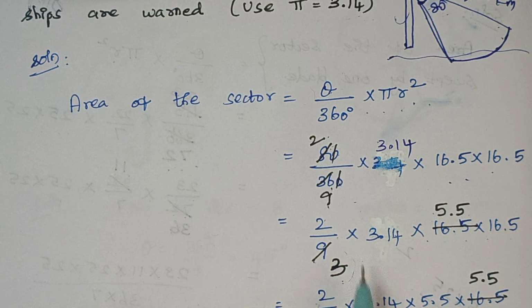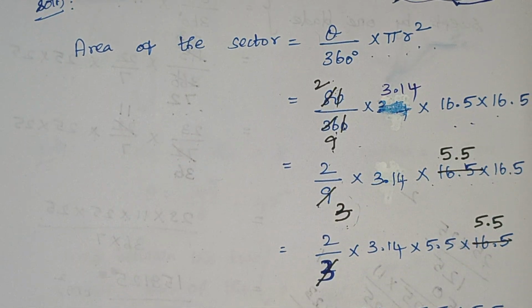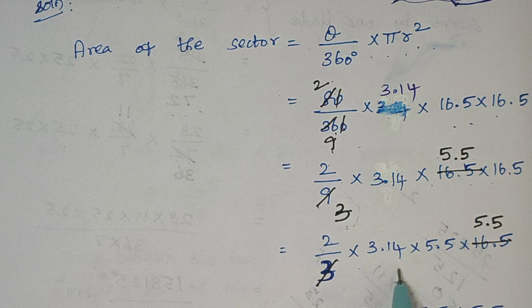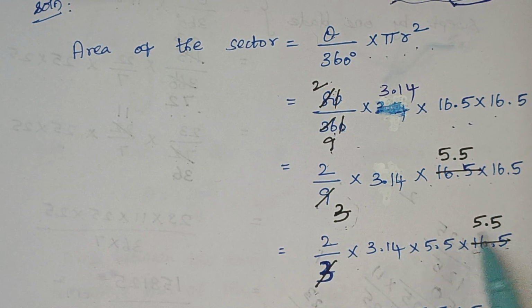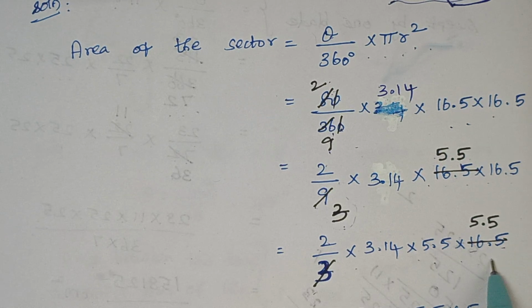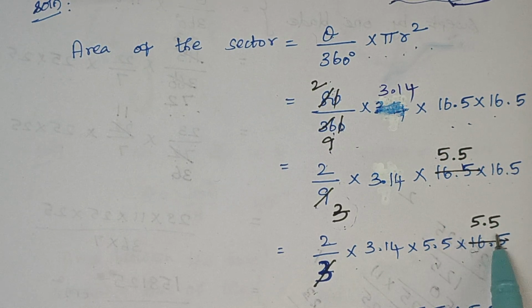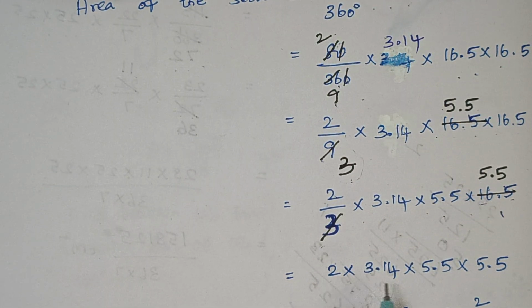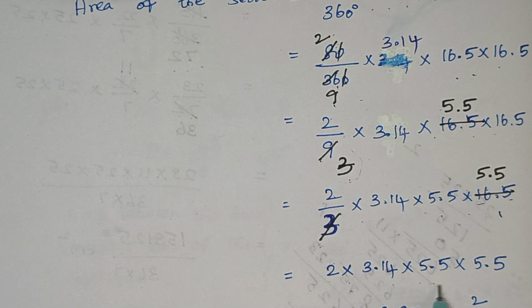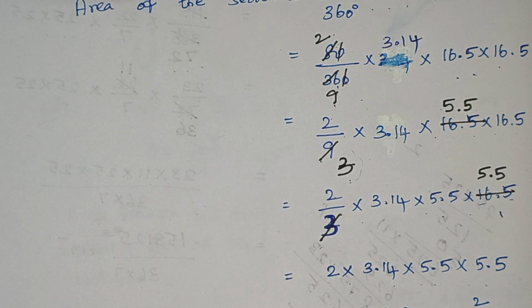So since we are having 3, you see, again rewrite. So 2 by 3 into 3.14 into 5.5 into 16.5, and again this 3 and 16.5 cancel each other by 5.5 times. So now here the final terms are 2 into 3.14 into 5.5 into 5.5, right?